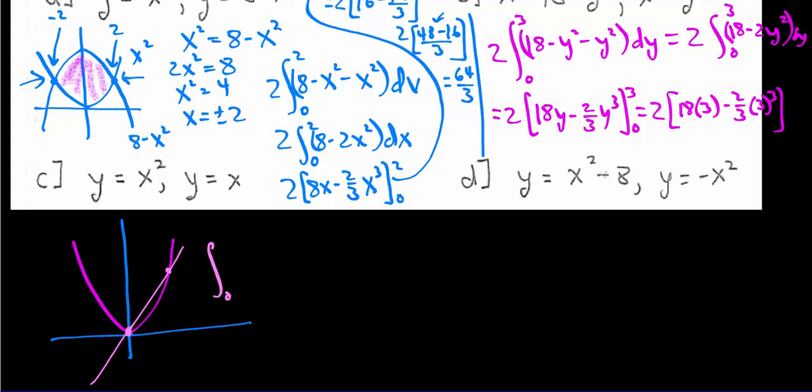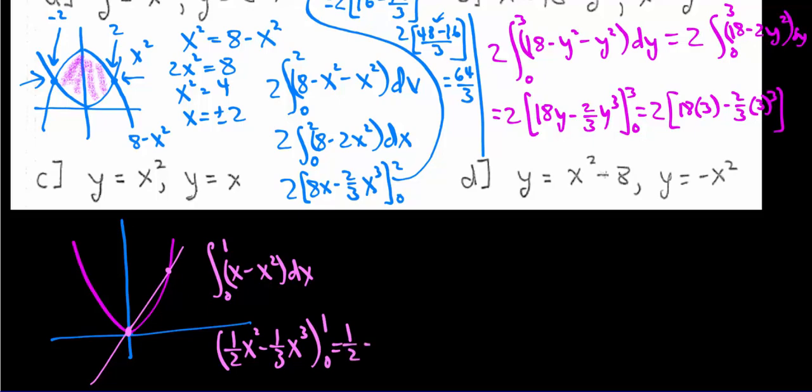So we're going to go from 0 to 1, x minus x squared. We would find the intersection just by setting them equal again: x squared equals x. And what I get is 1/2 x squared minus 1/3 x cubed from 0 to 1, which is going to be 1/2 minus 1/3. I guess that's going to be 1/6.